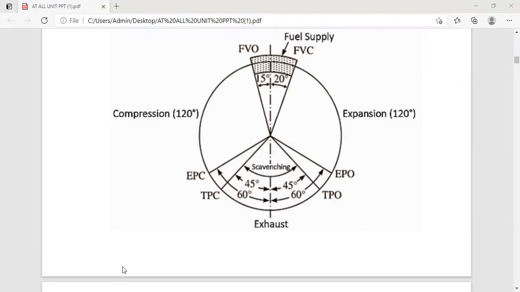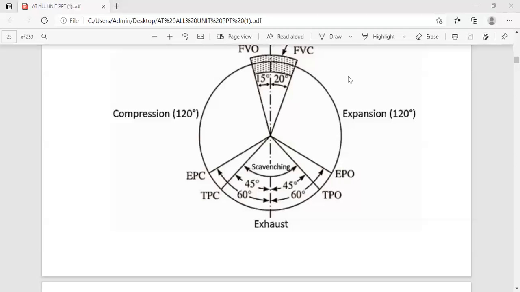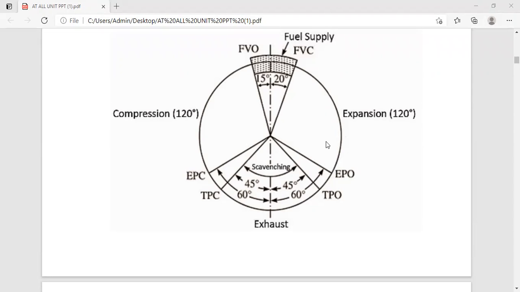We have shown all these opening and closing events of the port timing diagram, and during this you can see the suction stroke, expansion stroke, and the compression stroke also. So suction, expansion, compression, and exhaust stroke will be covered here during one revolution of the crankshaft. Here you can see the lapping is more.